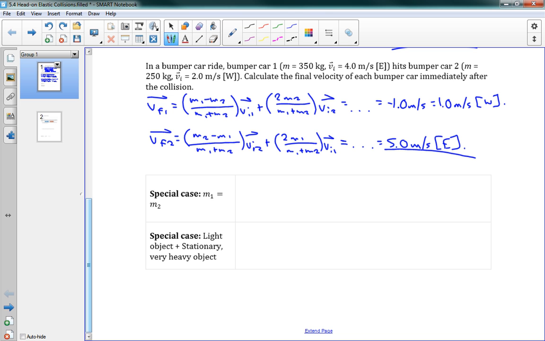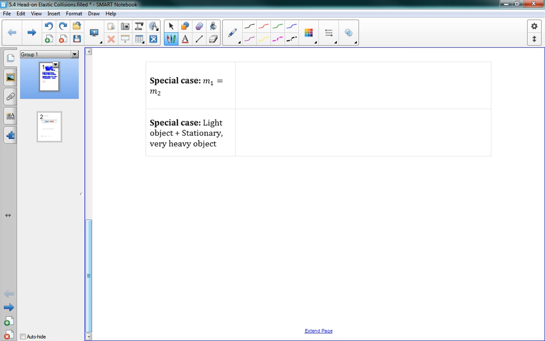Okay, we have two more special cases. We looked at the one where one of them wasn't moving. Let's look now at what would happen if the two masses are the same. So m1 equals m2. Well, in that case, our formula will change a bit. If m1 is equal to m2, I'm just going to call both of those m.